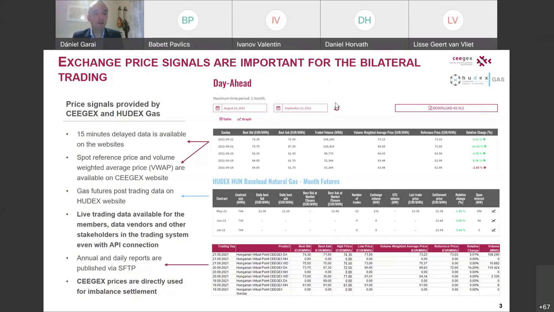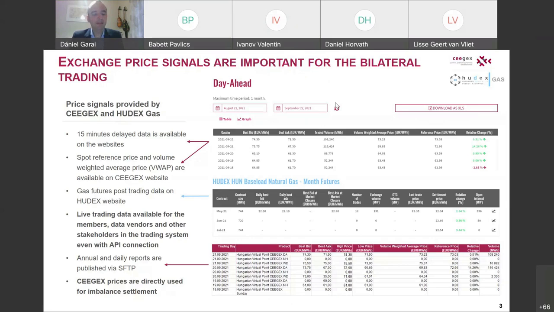On our web pages, we have 15-minute delayed data on both CEEGEX and HUDEX markets. The spot reference price and volume weighted average price are also available there. Like I said, the HUDEX prices are also available online.